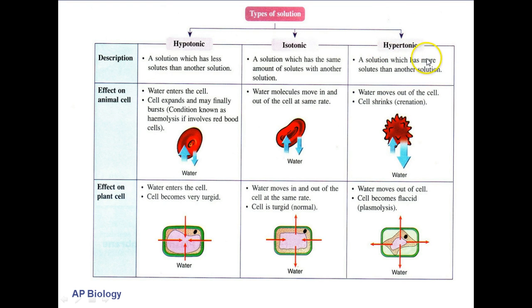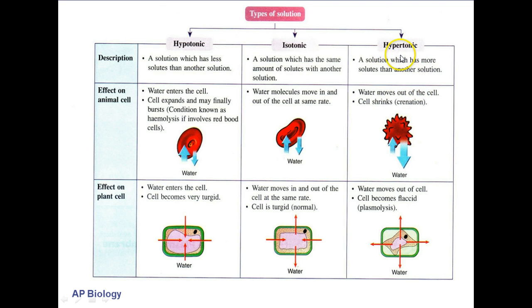All right, so in this case, the solution has more solutes, therefore a lower concentration of water. So now if we have a lower concentration of water on the outside of the cell than on the inside, then water moves out of the cell. And we saw the cell shrinks, which is called crenation.